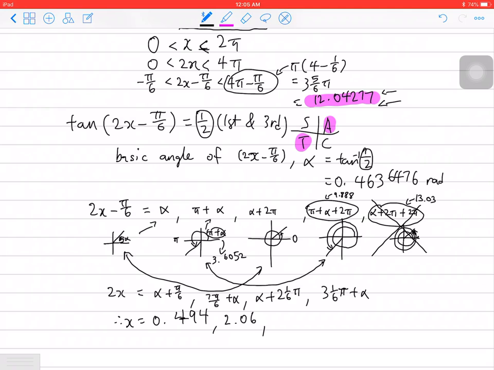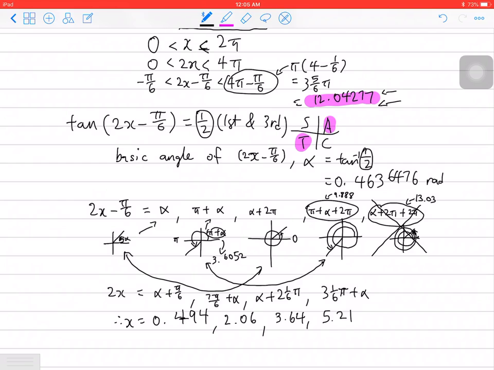We divide by 2, I have 3.64. Then for the last one, I have 3 whole 1 over 6 pi plus alpha, 0.4636476. Then divide by 2, I have 5.21.